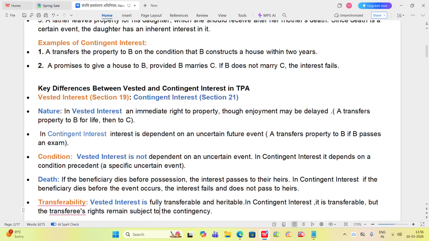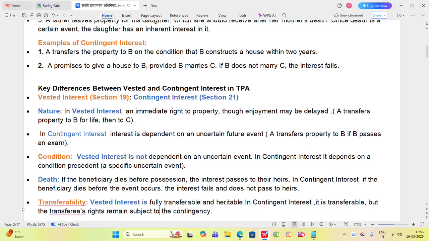Nature: in vested interest, there is an immediate right to property, though enjoyment may be delayed. For example, A transfers property to B for life and then to C. So in vested interest, there is an immediate transfer of the right to use that property.